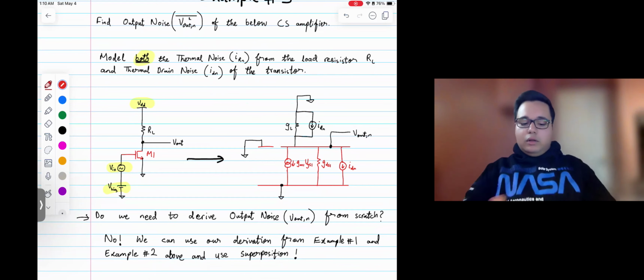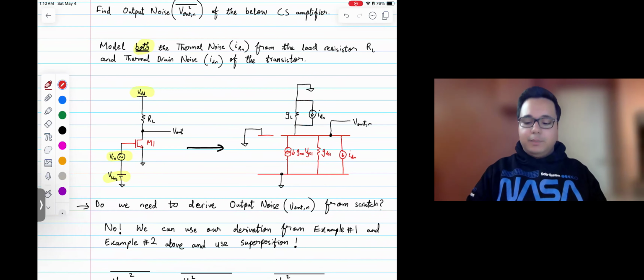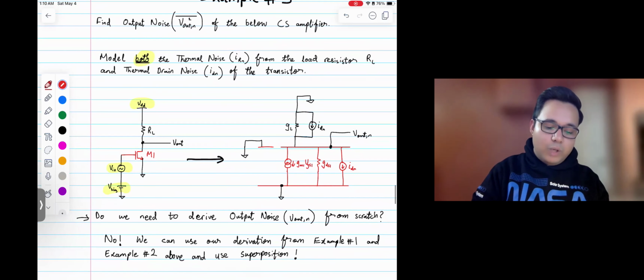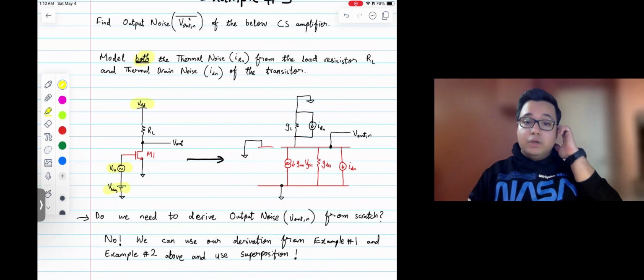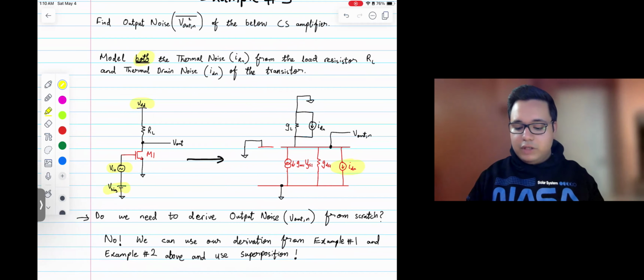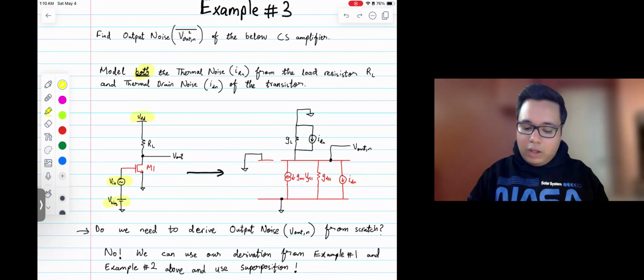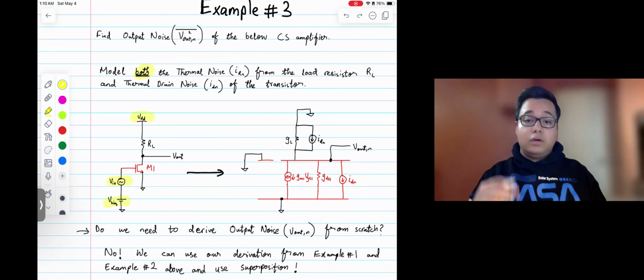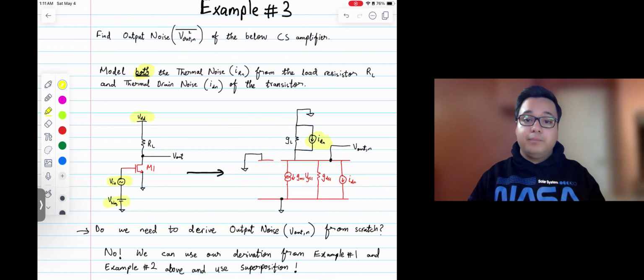So before we dive into the math, let's think about this a little bit. In example 1, I asked for the output noise contribution due to the thermal drain noise of M1. In example 2, I asked for the output noise contribution due to the thermal noise of the resistor, right?